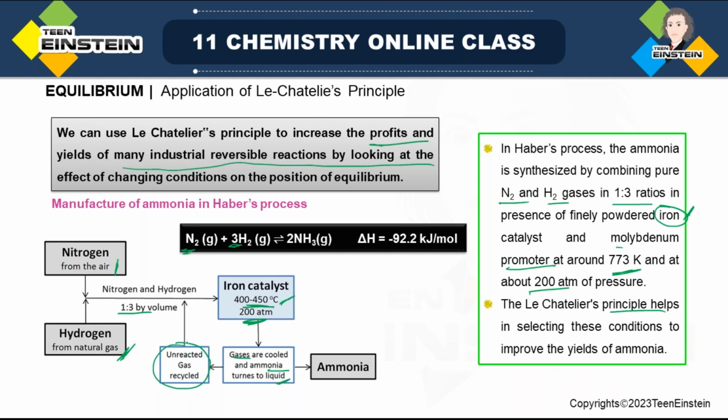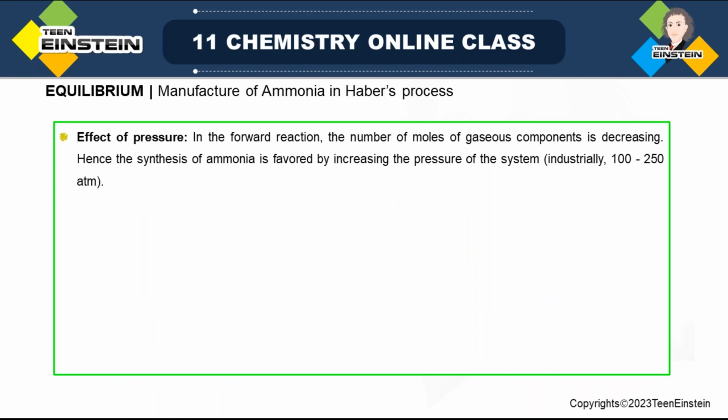Now how have we chosen these conditions, that is this particular temperature, particular pressure? That will be discussed on the basis of Le-Chatelier principle. So manufacture of ammonia in Haber's process, effect of pressure. In the forward direction, number of moles of gaseous component is decreasing. Remember the balanced equation.